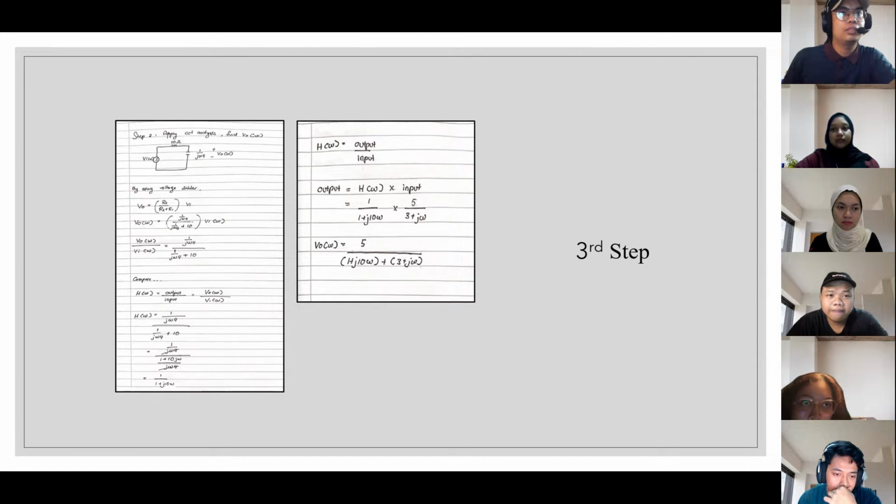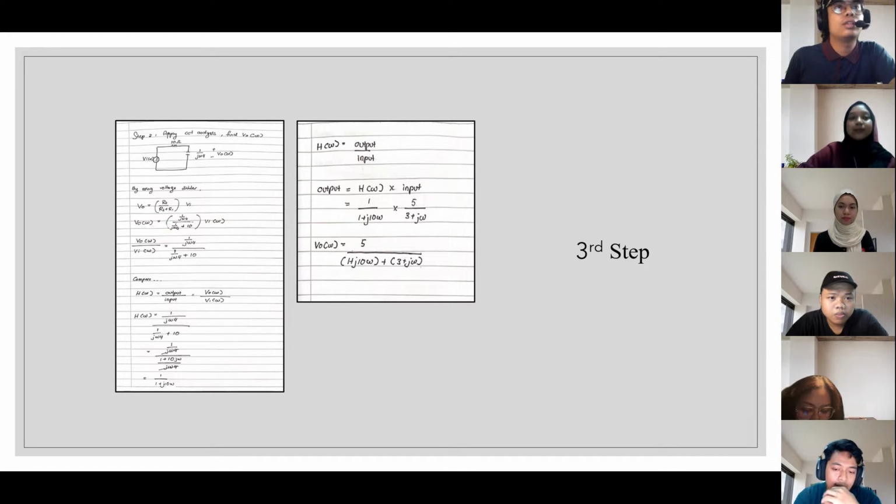Okay, for step 3, apply analysis, find V out times omega. By using voltage divider, V out equals R2 over R2 plus R1 times V in.